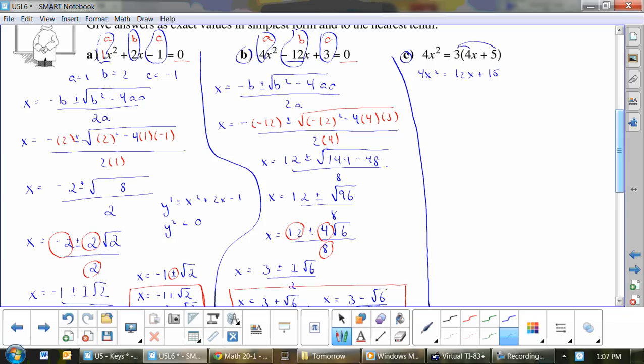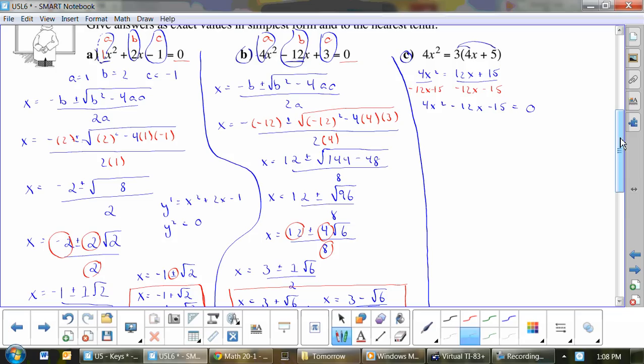And then we get 4x squared, minus 12x, minus 15 from both sides. All I did was subtract this from both sides so that we can make it equal to 0.